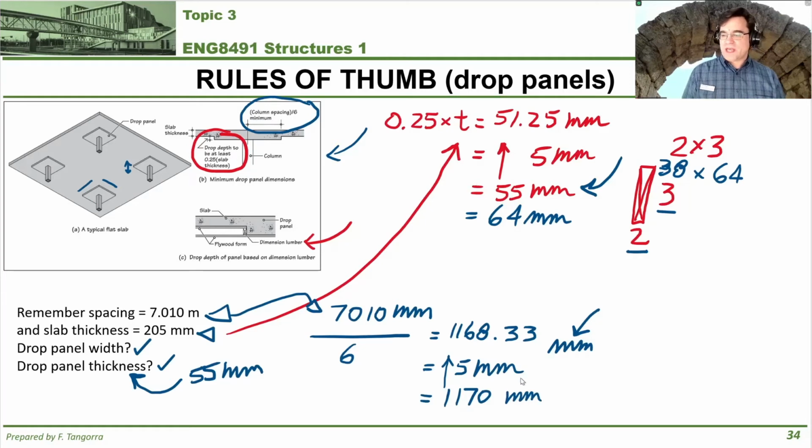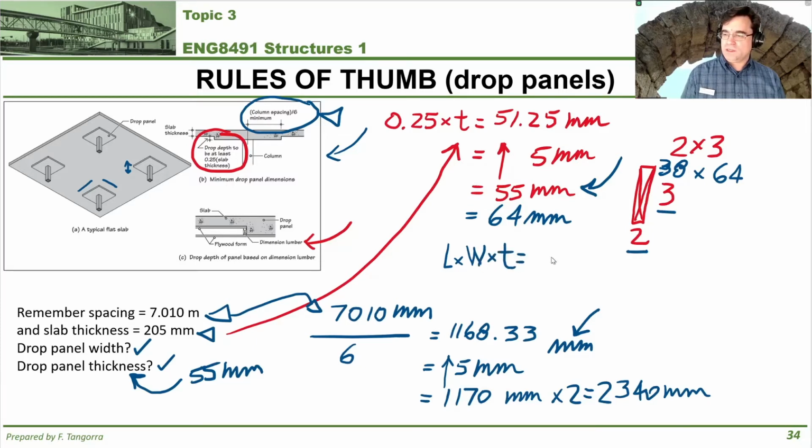But because this is the half width, as is shown right here in your textbook in the rule of thumb, we actually have to multiply this by 2 to get the full width, which is going to be 2,340 millimeters.